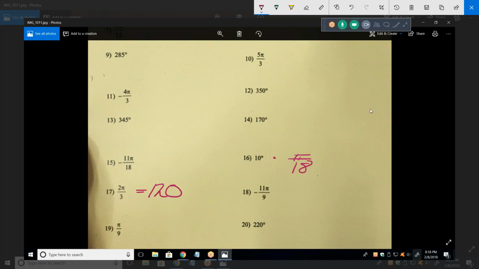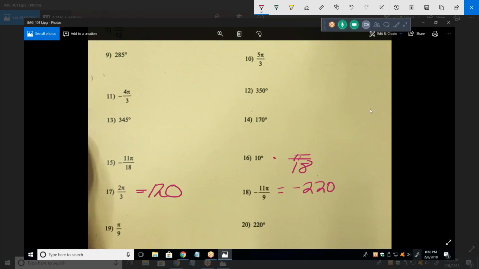All right, how about number 18? What's pi over 9? Pi over 9 is... Remember, the 9 has to multiply with your answer to equal 180, so then it's 20. Okay, so what's 11 pi over 9? 220, negative 220 is the answer.